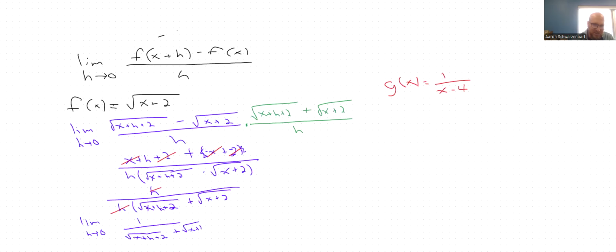As h goes to 0, my first square root becomes just square root of x plus 2. And since those are both the same, I can add them together and get 2 square root of x plus 2, and I simply get that.